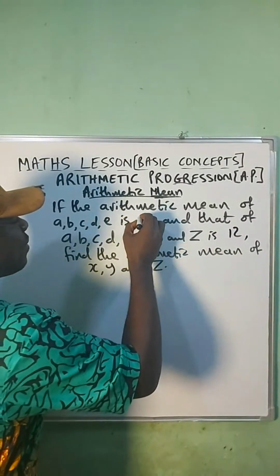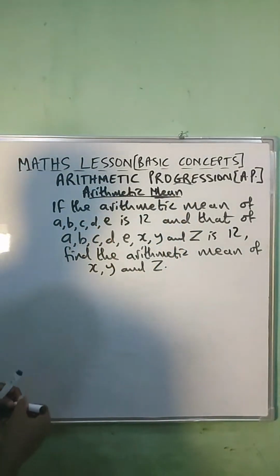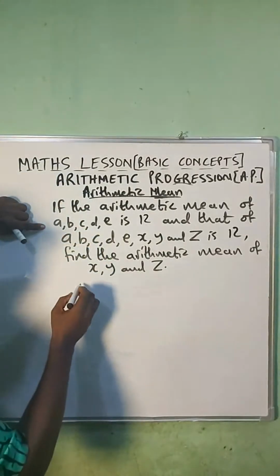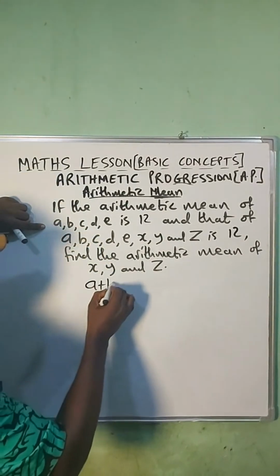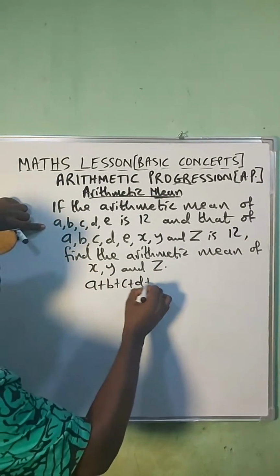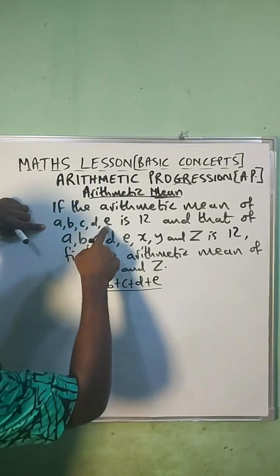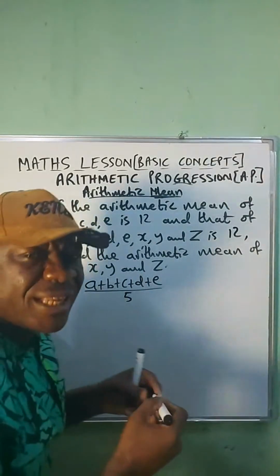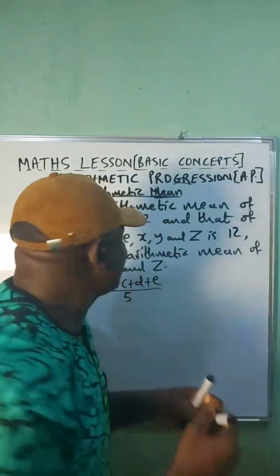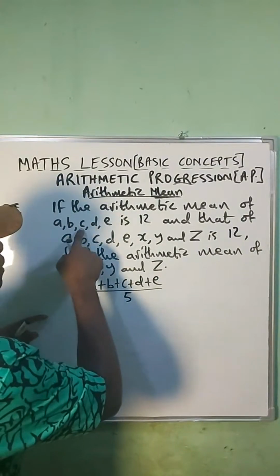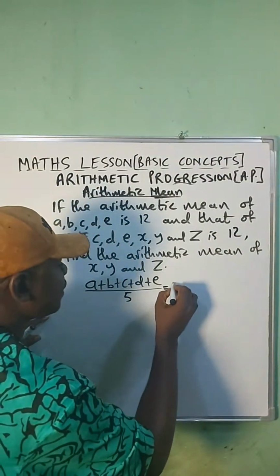Let's use it to be 12. So I'll get A plus B plus C plus D plus E divided by 1, 2, 3, 4, 5, because mean simply means sum over number. This is a 5. So the mean is 12.